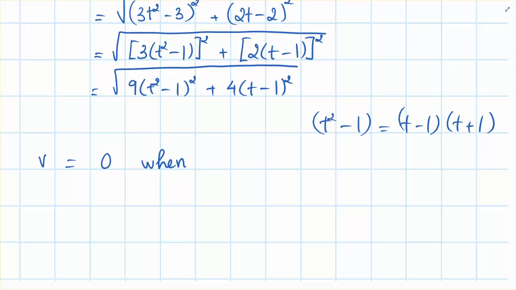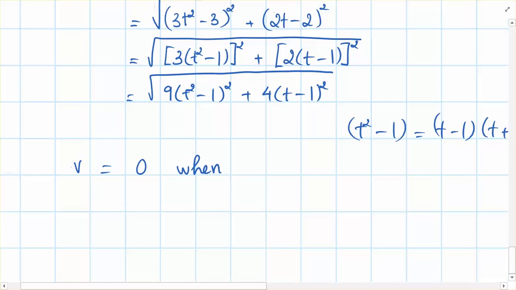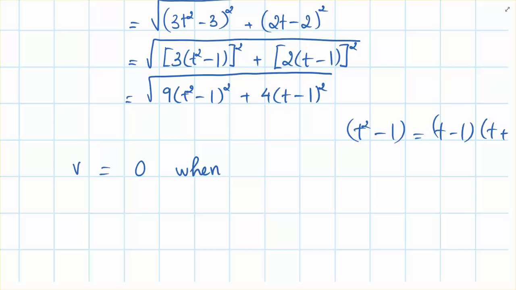So the speed equals 0 when both 9(t squared minus 1) squared and 4(t minus 1) squared equal 0, and to be like that, t must equal 1.